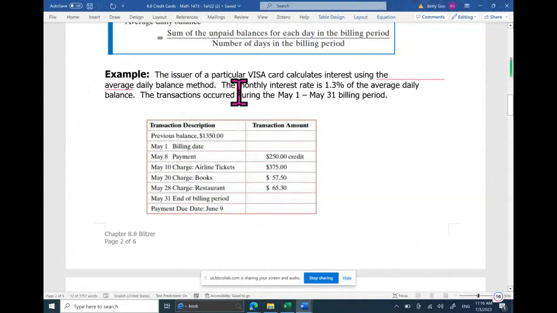The issuer of a particular Visa card calculates interest using the average daily balance method. The monthly interest rate is 1.3% of the average daily balance. The transactions occurred during the May 1st to May 31st billing period.